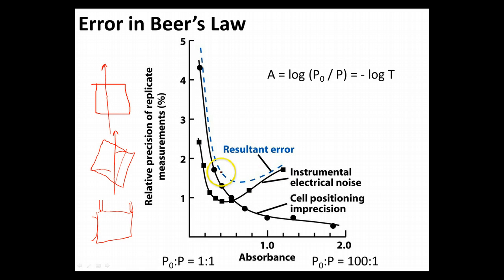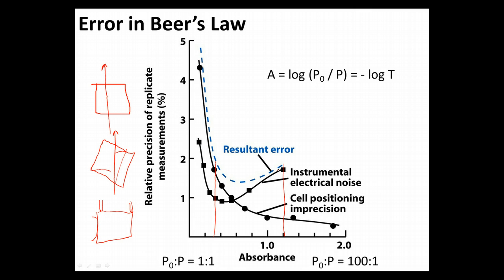You end up having your absorbance kind of optimized right here in the 0.3 to maybe 1.2 range. Of course, that depends on the spectrometer and on what you're going to call optimized. So you'll see different numbers quoting different ideal ranges for your absorbance. But a lot of the time, people like to work in the 0.3 to 1 absorbance unit range.